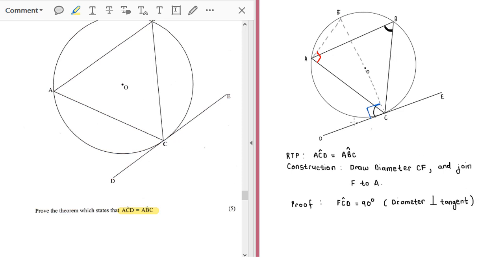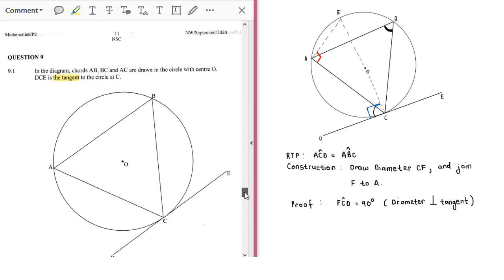Remember that we were told, if we go back here, that DCE is the tangent. Next thing we need to state is the fact that angle FAC is also equal to 90 degrees. The reason for this is because this is an angle in a semicircle.